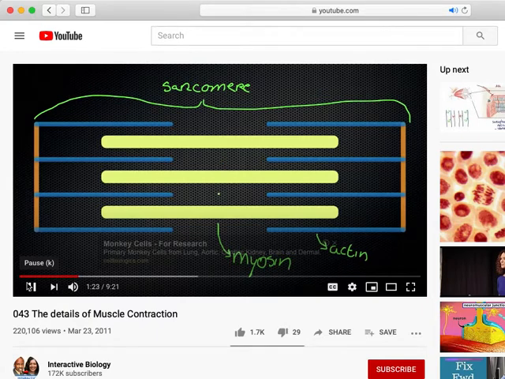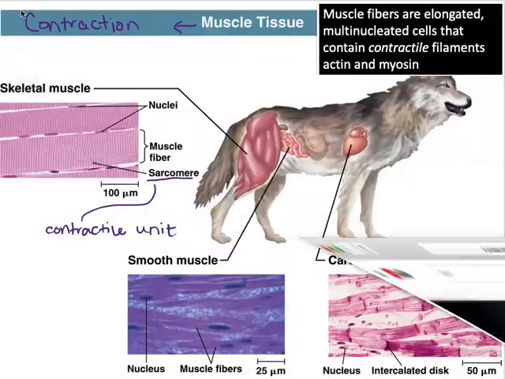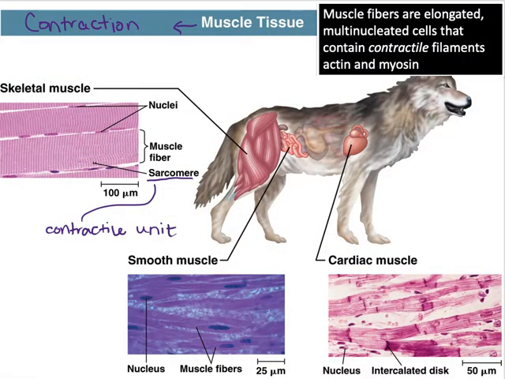Now, the reason we said that this can happen is because on the myosin filaments, we have these heads, and those heads extend and bind to the actin. And when they bind, they kind of flex. So it moves in this direction, and that pulls the actin, shortening the sarcomere. All right, so that is the basics of how a muscle fiber contracts.